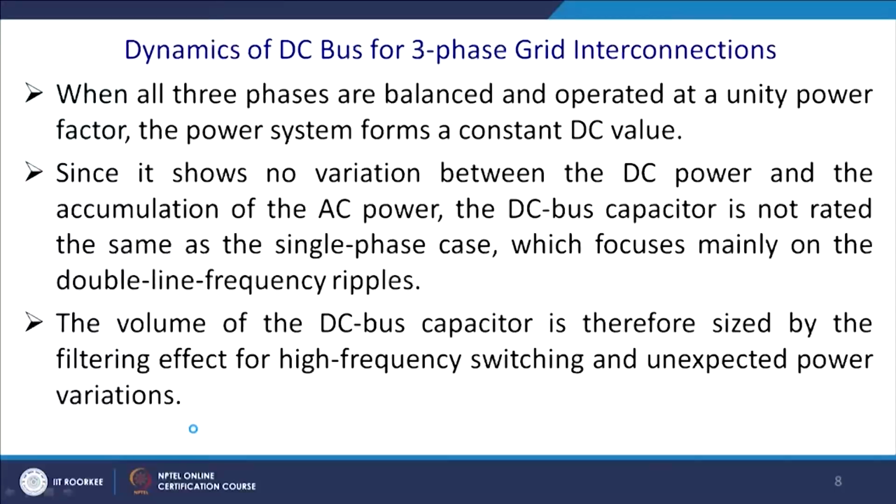So, for the dynamics of this DC bus for the 3 phase grid interconnections, we can see another few interesting aspects. For the 3 phase, there will be a few things more. When all the 3 phases are balanced, hopefully, and operated at unity power factor, the power system forms a constant DC value. So, that is one of the important features.